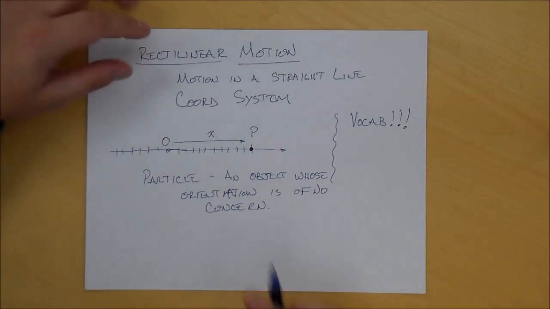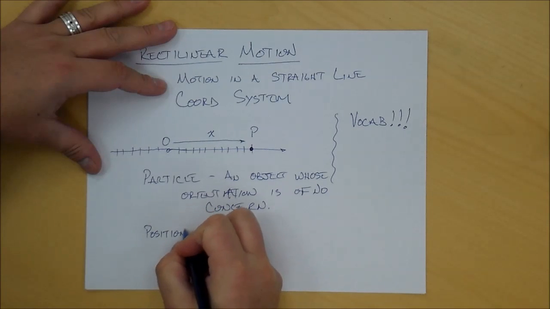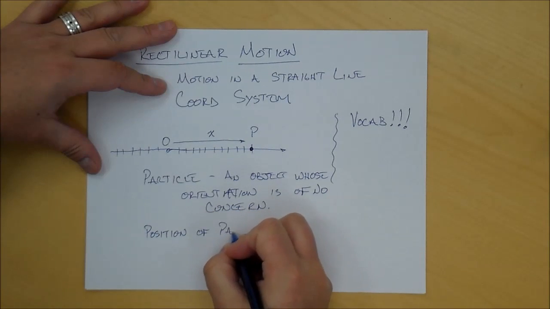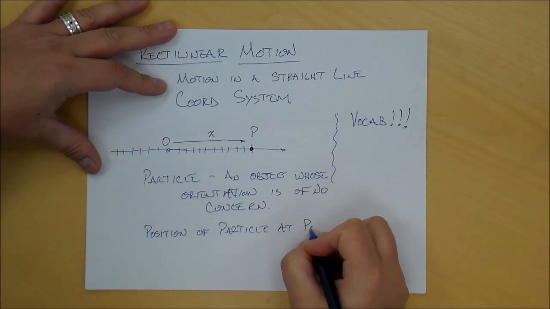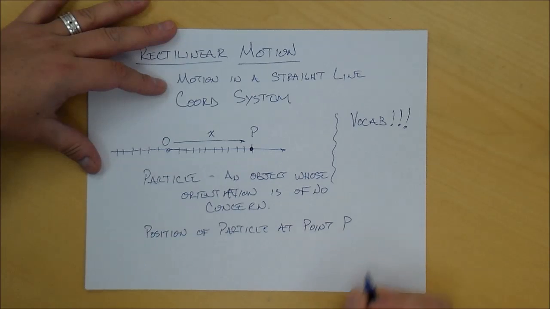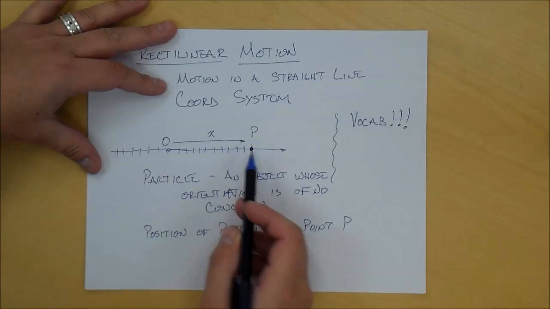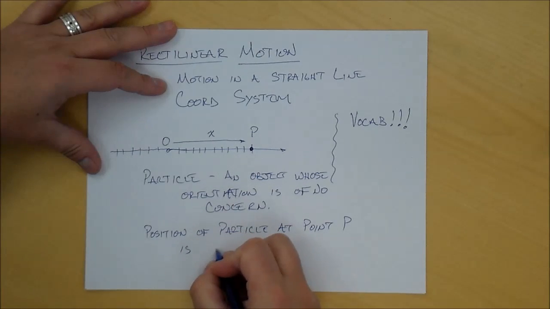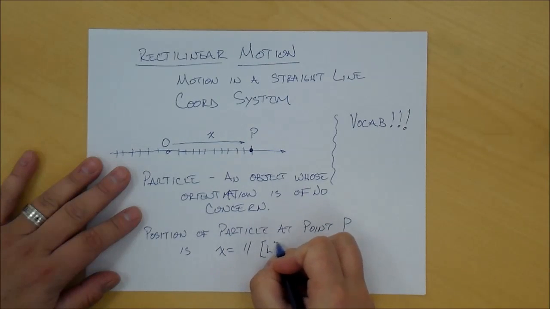Okay? So in this case, the position of the particle at point P is 1, 2, 3, 4, 5, 6, 7, 8, 9, 10, 11. So x equals 11. And then we have some dimensions of length.